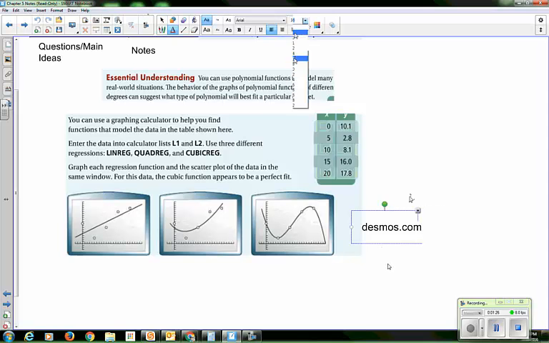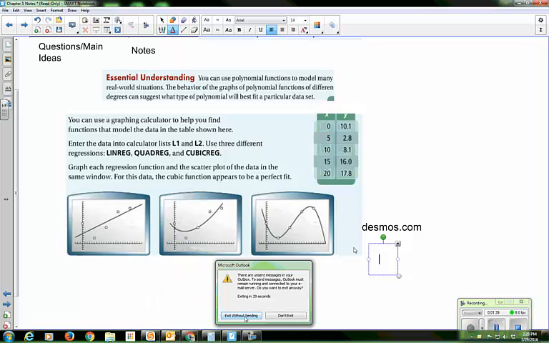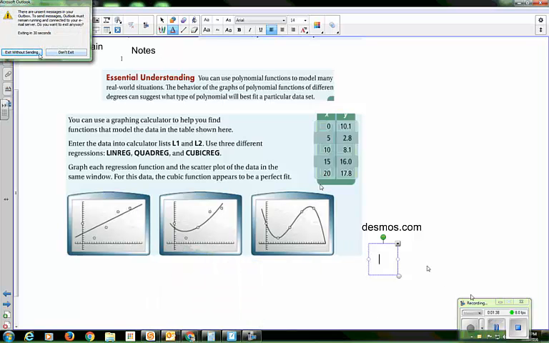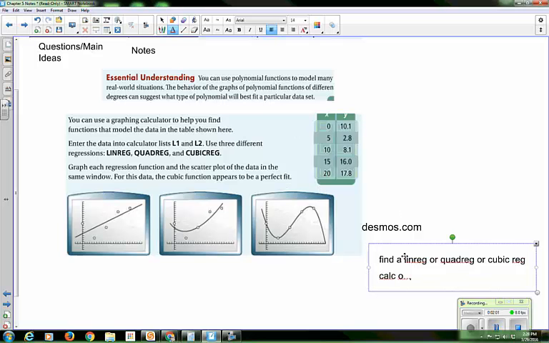But if you don't have a graphing calculator, you have to find a linear regression calculator, or quadratic reg or cubic reg online.